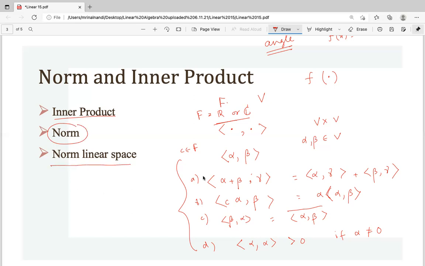So a normed linear space is a vector space together with a norm. How do you go from inner product to norm? Later we'll see.